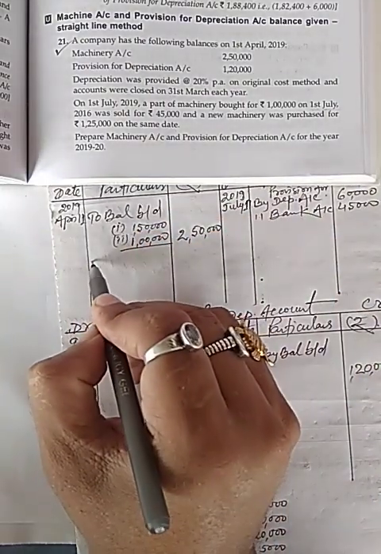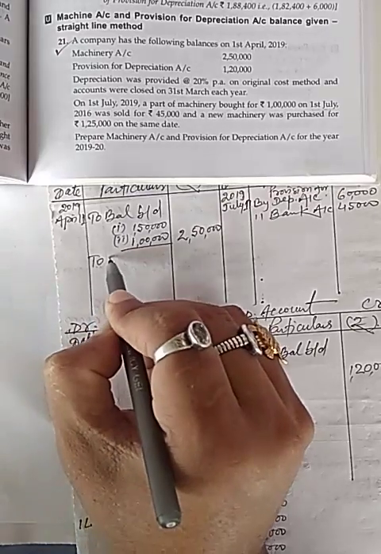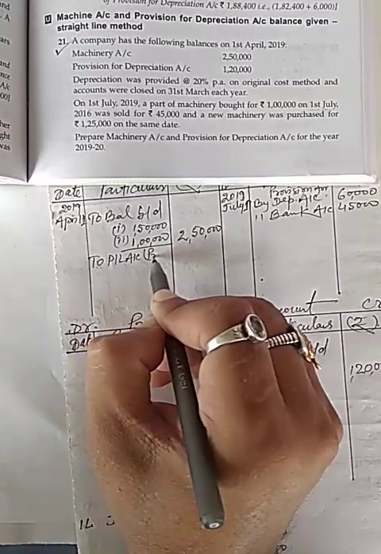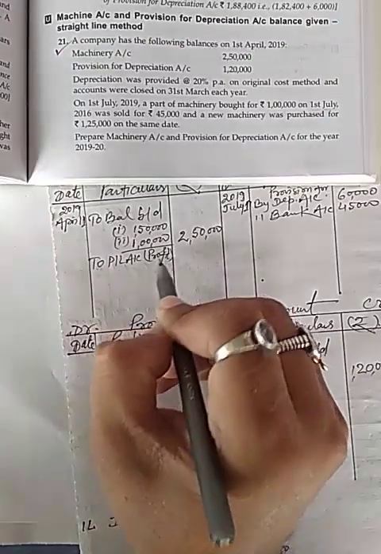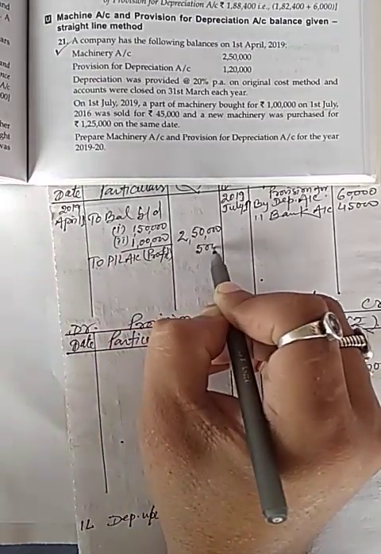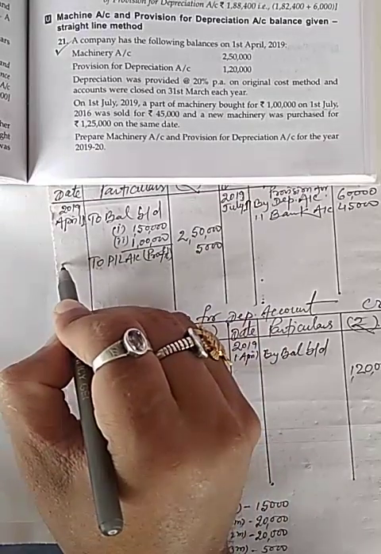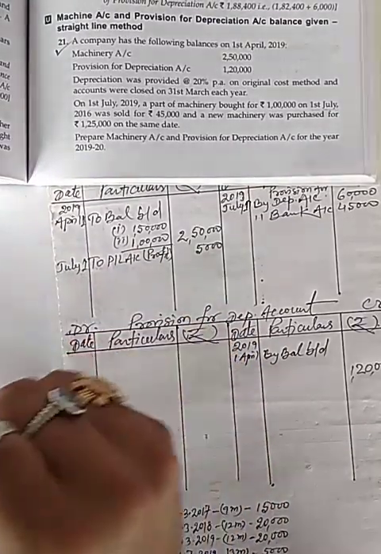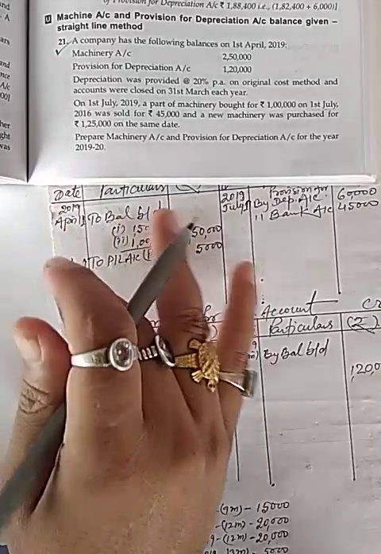So I will write P&L account in bracket profit 5,000 on July 1st.